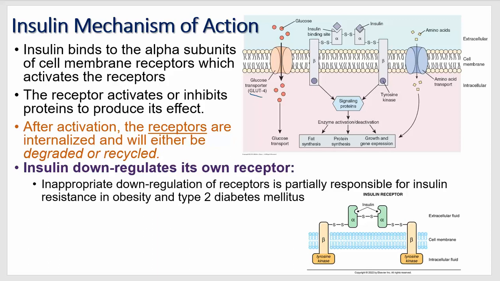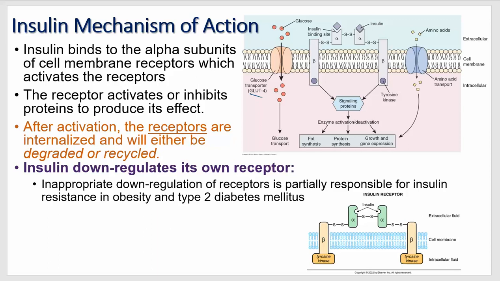So if you have this delay, these receptors that are internalized and then either broken down or put back in, then we have a mechanism to prevent glucose from going too low. So the insulin downregulates its own receptor.